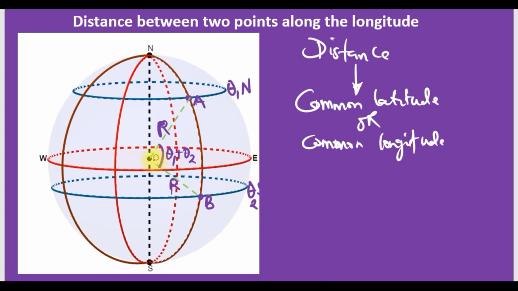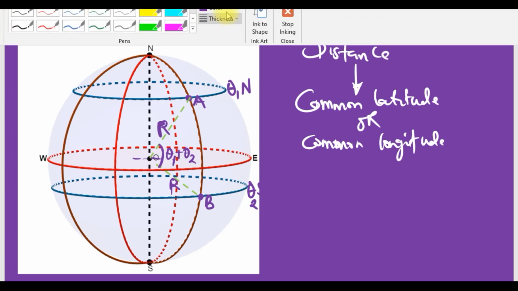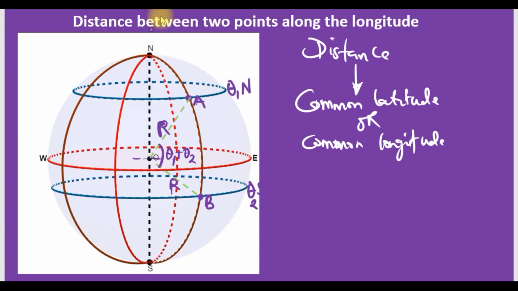Because if we take this as latitude 0, so if you move up, is theta 1. If you partition, the first part is theta 1, while the second part is theta 2. So the total angle is theta 1 plus theta 2. And if you remember, our formula for length of arc is always the angular difference.